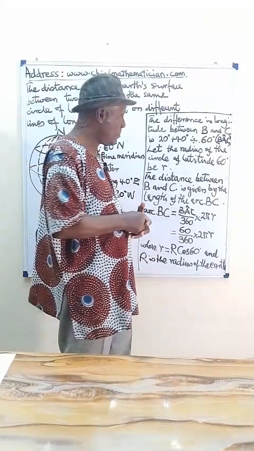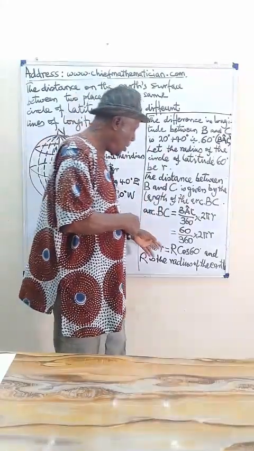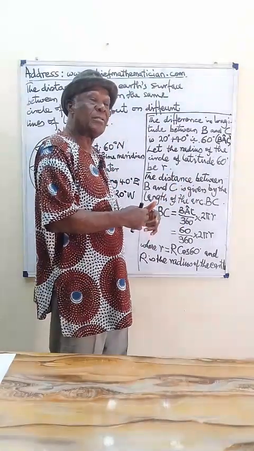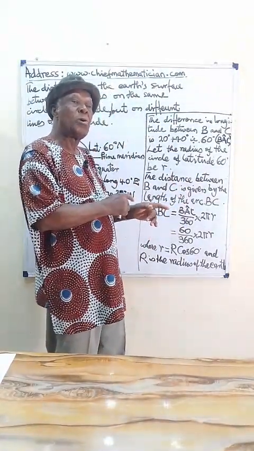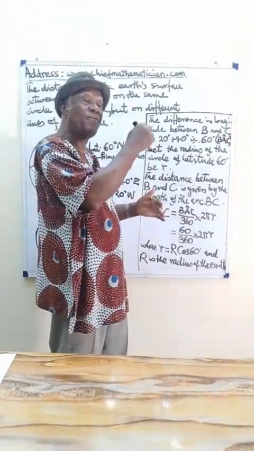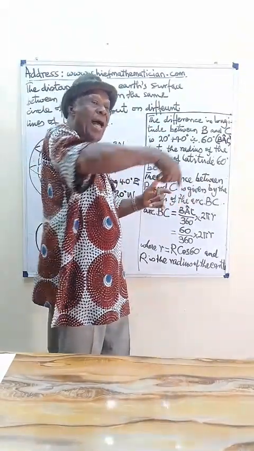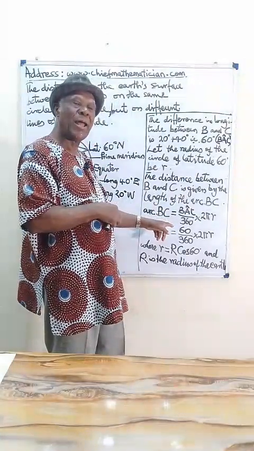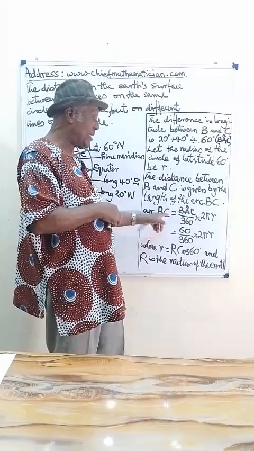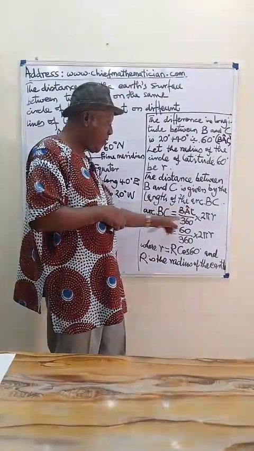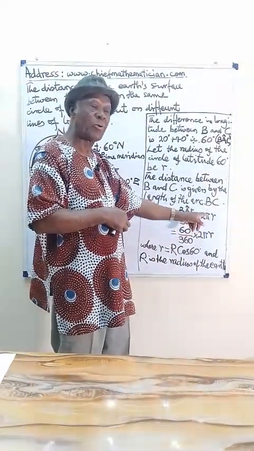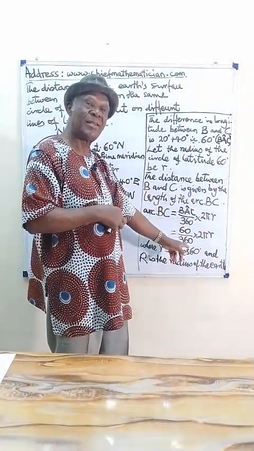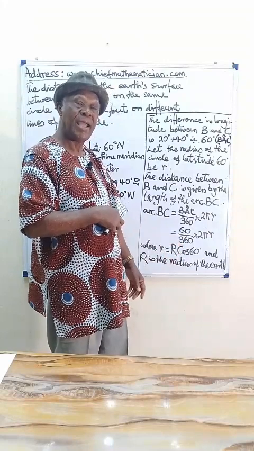So, to get the distance or the arc between longitude 20 degrees west and longitude 40 degrees east along the circle of latitude 60 degrees north, this is the formula: the arc BC is equal to angle BAC over 360 degrees multiplied by 2 pi r, where r is given by capital R multiplied by cosine 60 degrees, and capital R is the radius of the earth.